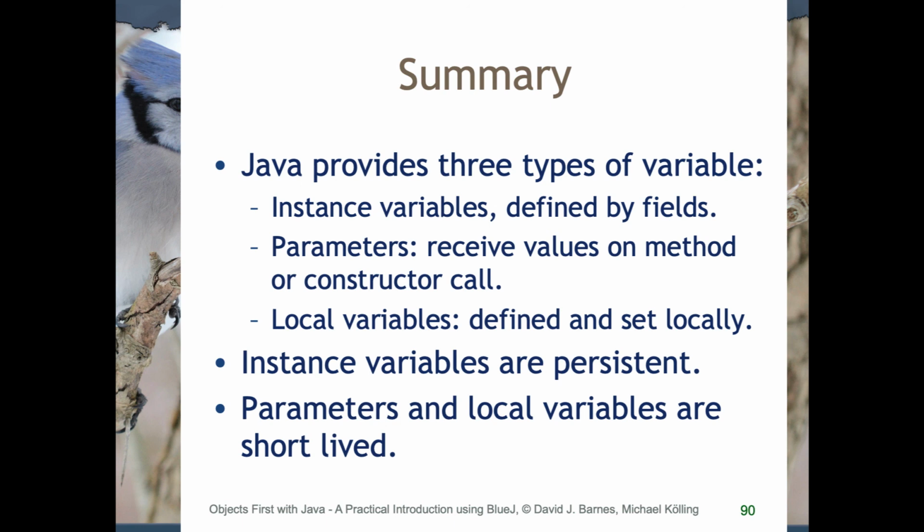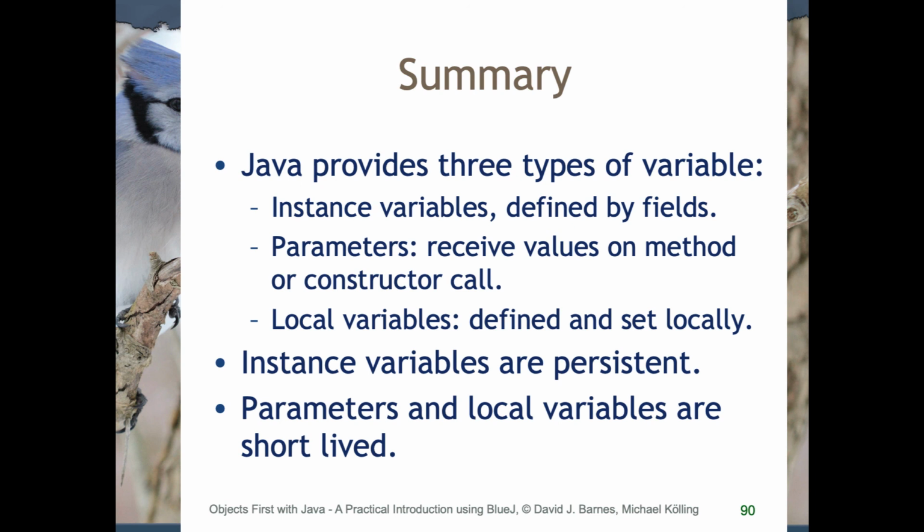So those parameter definitions are the formal parameter definitions, and they will receive the values of the actual parameters when the constructor or the method is called. And finally, local variables are defined and set locally within the body of a constructor or method, and they may be defined in quite deeply nested blocks inside the body of a method.